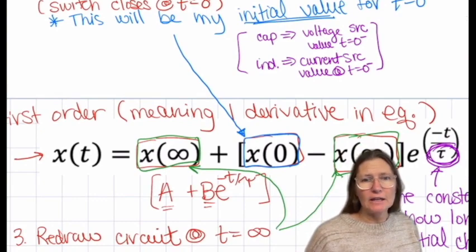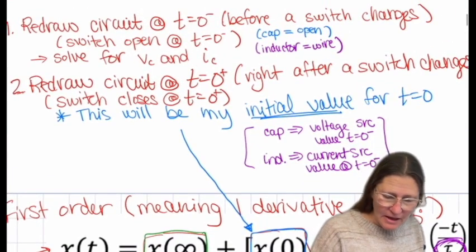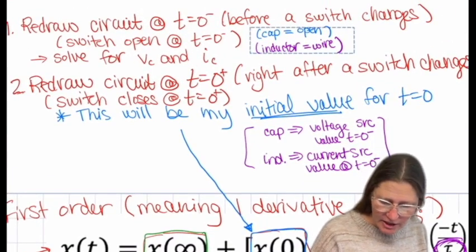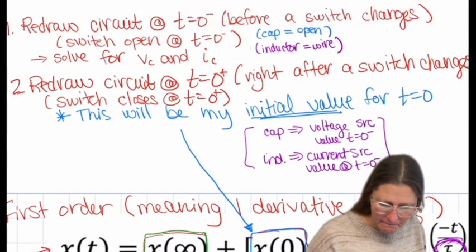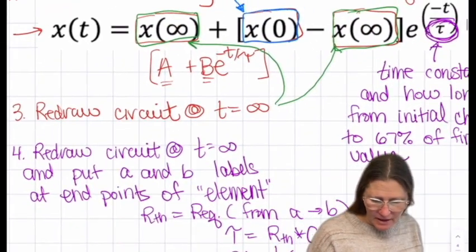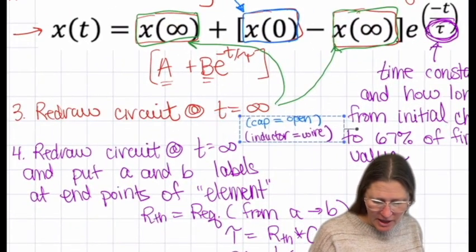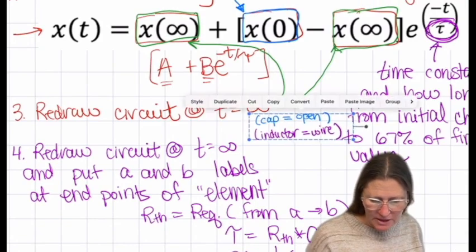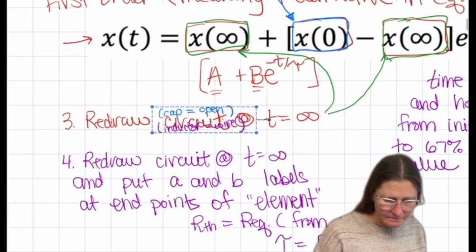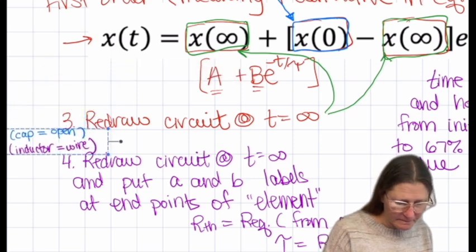And then in the final stage, again, it sat there for a long time. So again, the capacitor is open and the inductor is a wire. Put it over here.